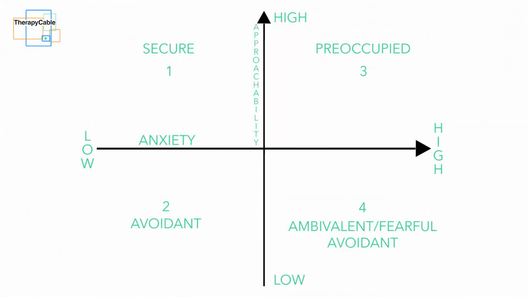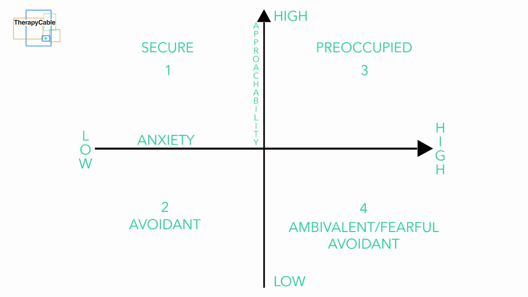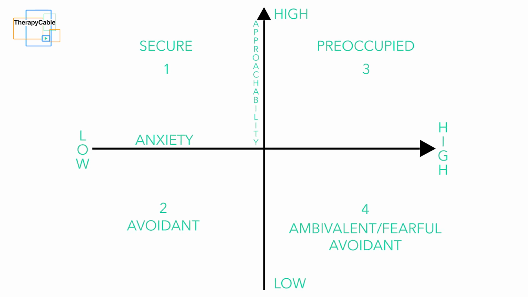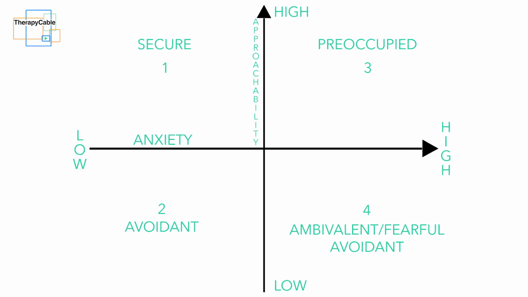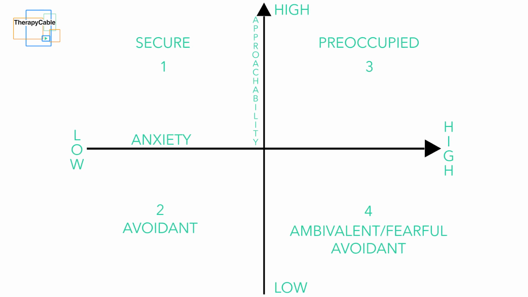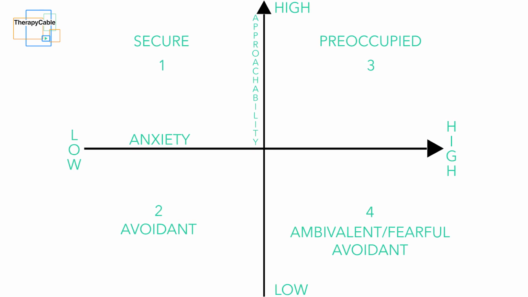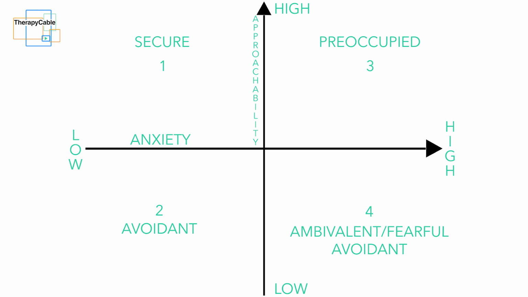Now, if you get, like I mentioned, any of these three, insecure and secure, hopefully there would be some opportunity for the insecure to learn how the secure person interacts in these types of situations.